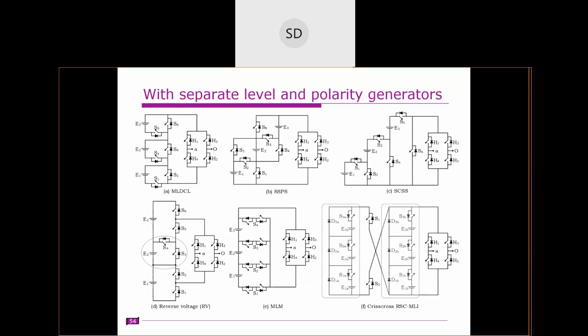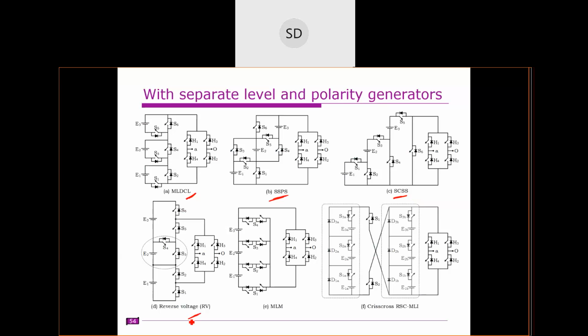We'll start with the separate level and polarity generators. There are several topologies in this. The first one is MLDCL, multi-level DC link. Then SSPS, switched series parallel sources. Then SCSS, series connected switched sources.